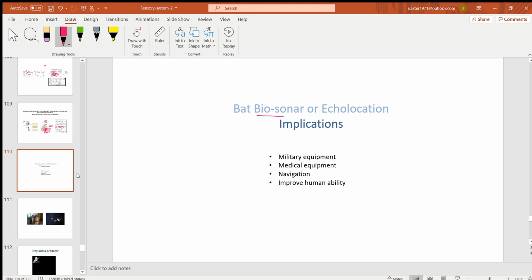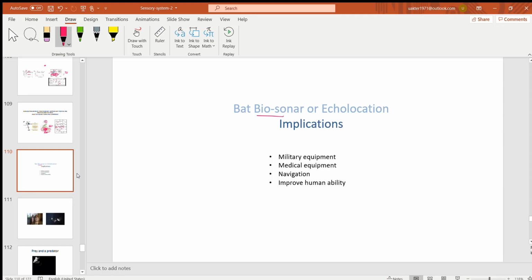For example, many military equipment are using the echolocation and Doppler shift to detect the range or velocity of the target, like jet fighter or another moving war vehicles.